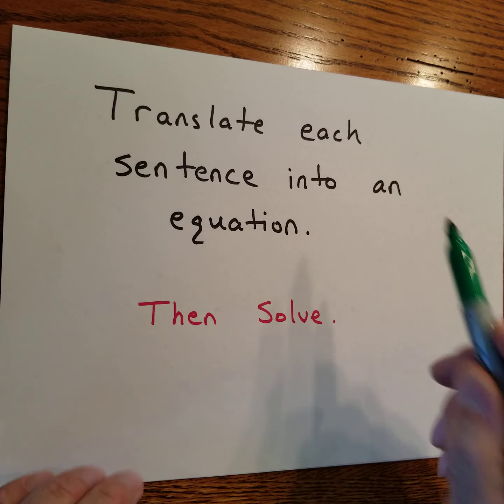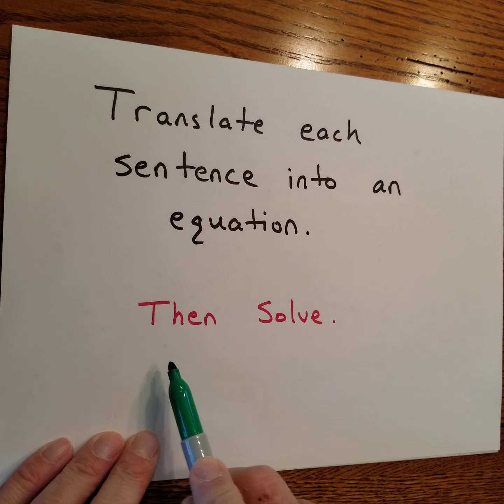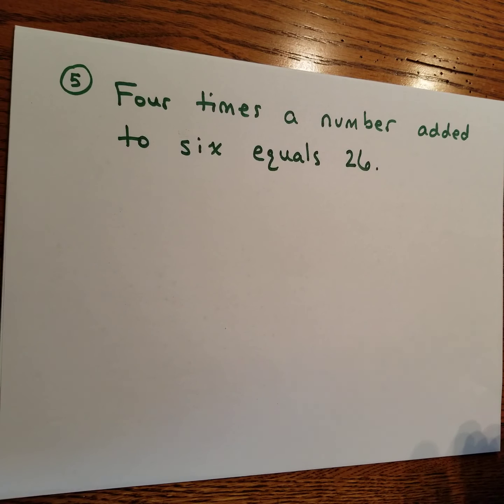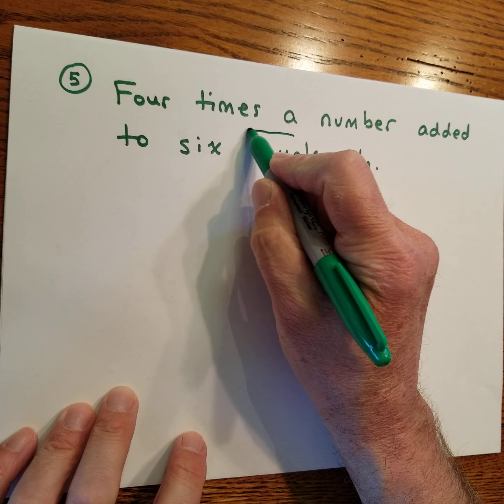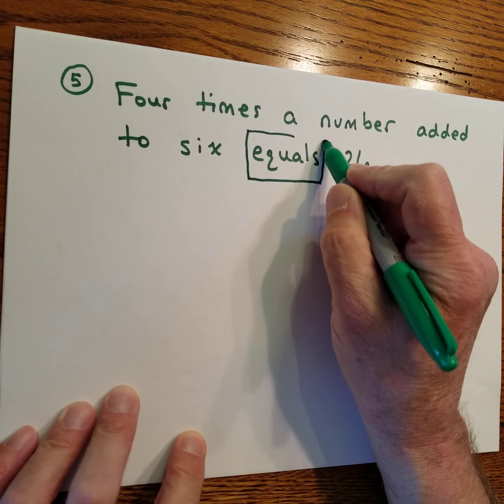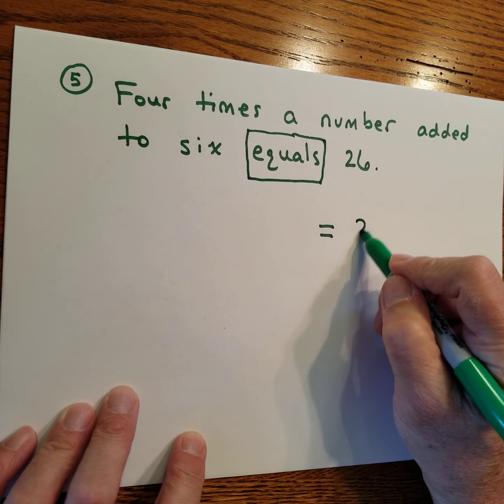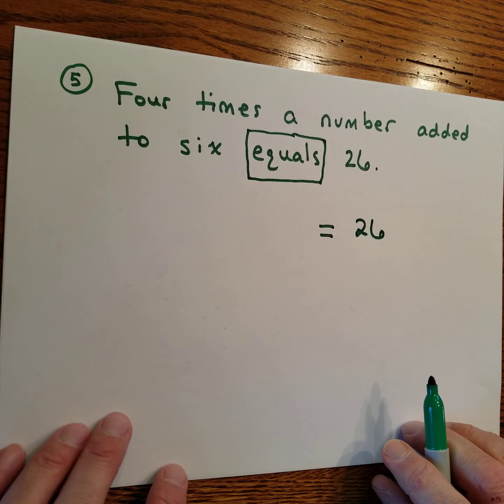For full credit, I must translate into an equation and solve. In number 5, you know I like to start with the equal sign. The only thing after the equal sign is 26.